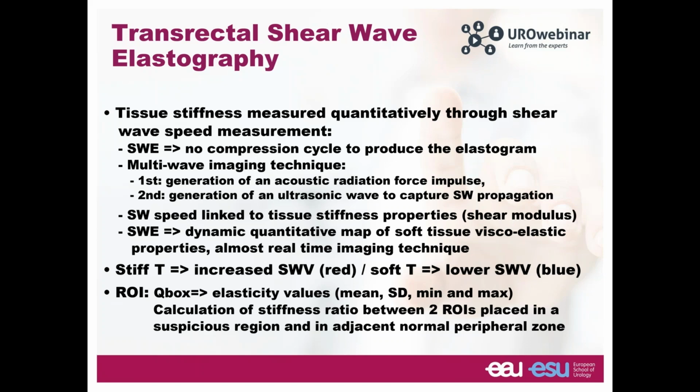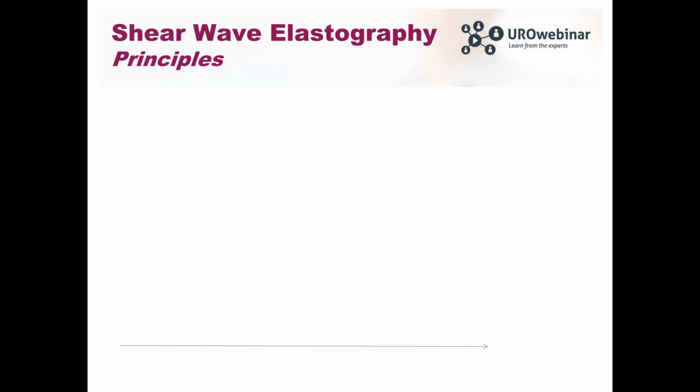And it is possible to quantify very precisely the tissue elasticity values with the region of interest, and even make some comparison, some ratio between two regions of interest, one placed in the most suspicious area and the other one in the adjacent normal prostate.